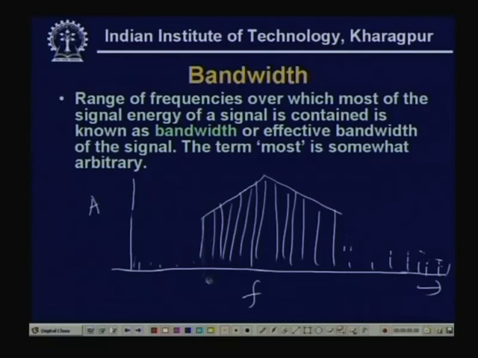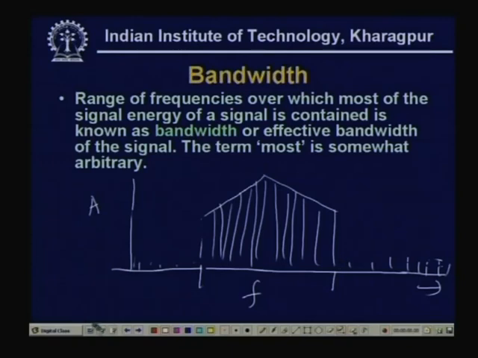Then we can say this is the bandwidth. From this part to this part is the bandwidth of the signal. This is where the major part of the frequency components or energy lies, so we call it the bandwidth of the signal.